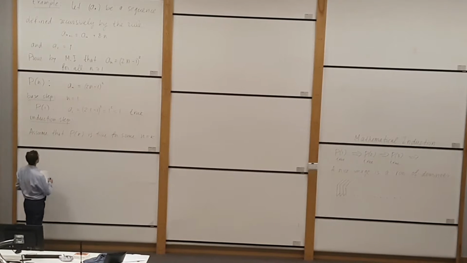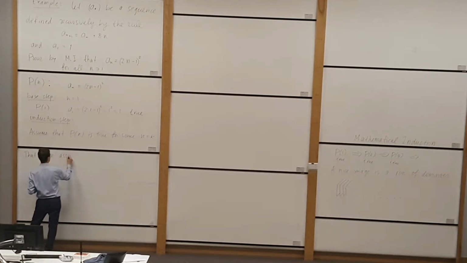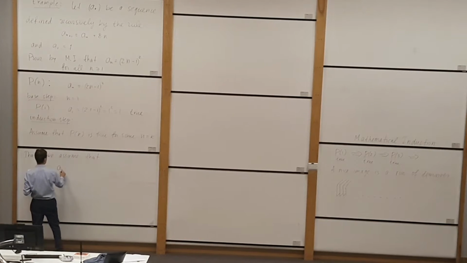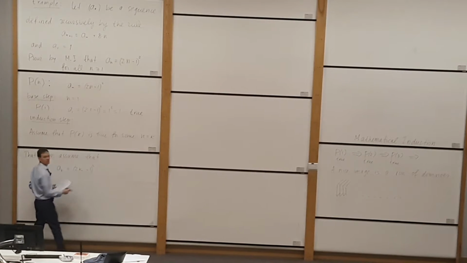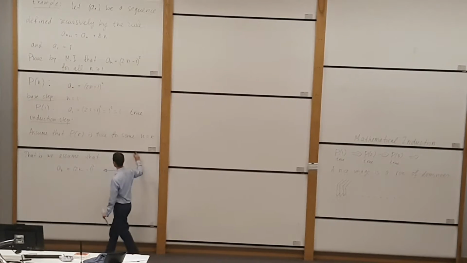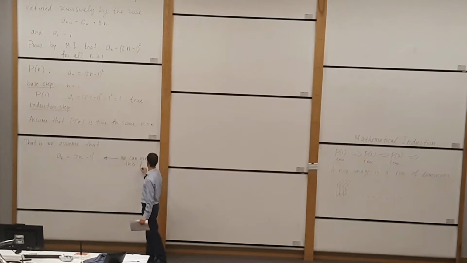So I replace n by k, so we assume that a sub k is equal to (2k minus 1) squared for some k. Okay, so we assume this is true, therefore I can immediately label for myself that we can use this formula, right?